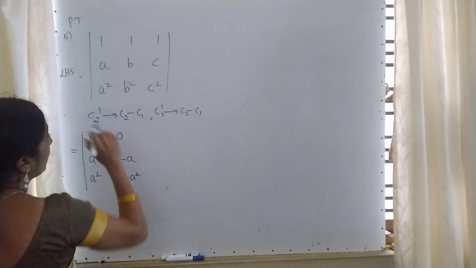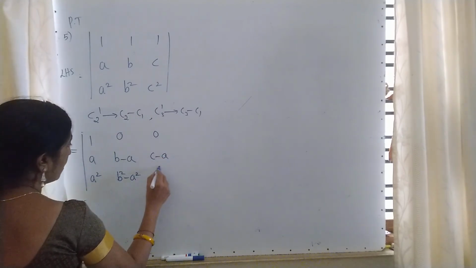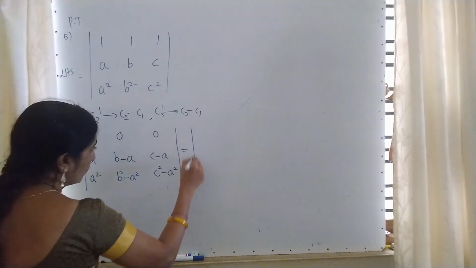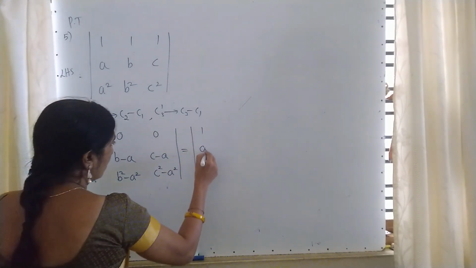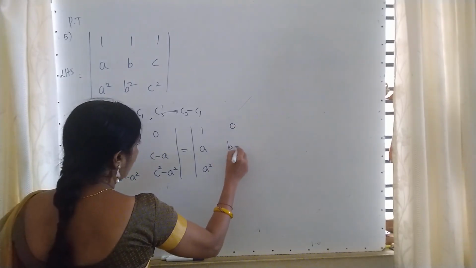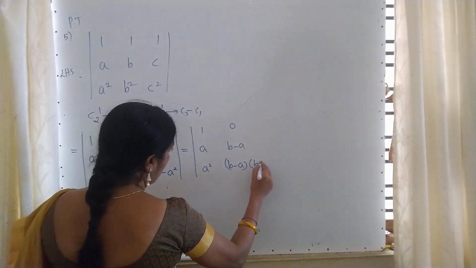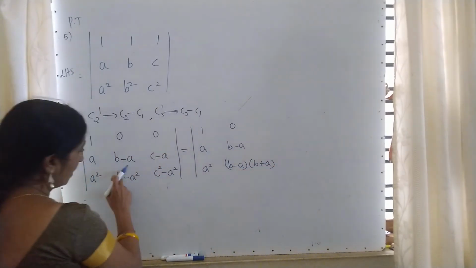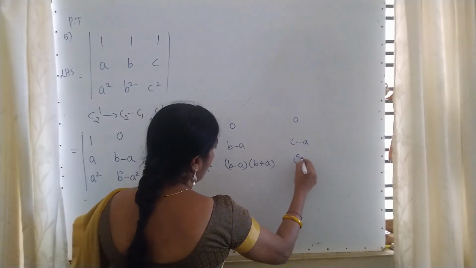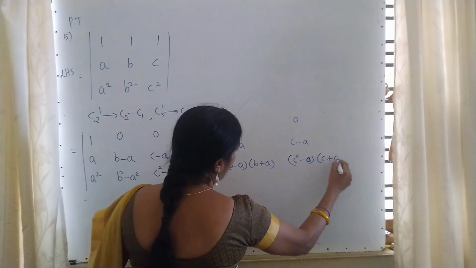Then third column minus first column: 1 minus 1 is 0, c minus a, c square minus a square. Actually there is no need to write that, but to make you perfect I am writing that step. B minus a, b plus a, just applying the a square minus b square formula. 0, c minus a, c minus a into c plus a.